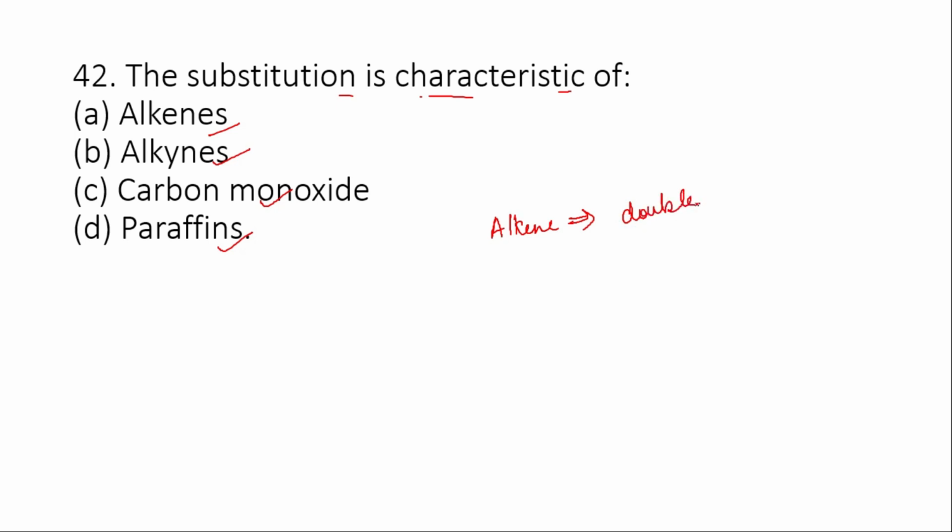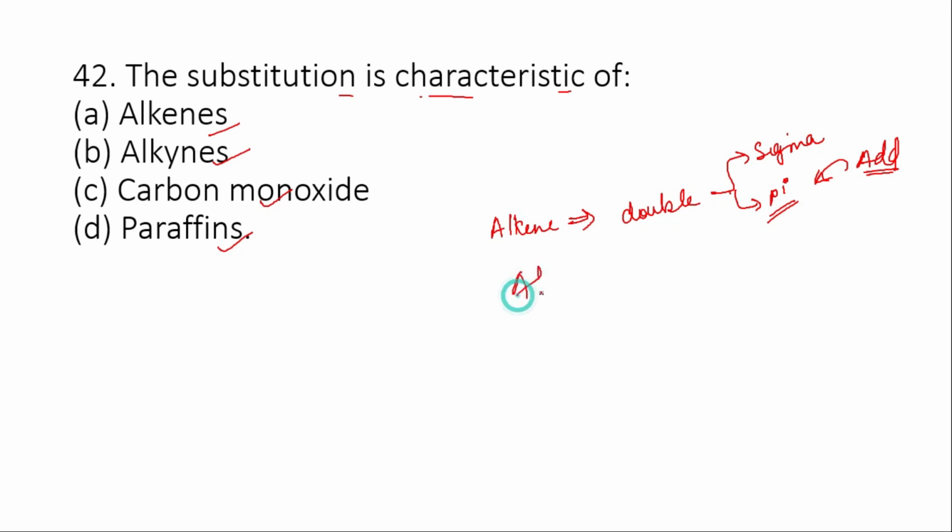Whenever there is a double bond, as I have already explained in the theory session, one will be sigma and one will be pi, and whenever there is a pi bond, there is a vacancy, or you can say a place to add. If there is a place to add, that means there will be an addition reaction instead of substitution.